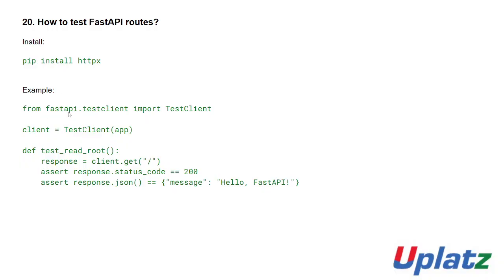Example: from fastapi.testclient import TestClient. client = TestClient(app). def test_read_root(): response = client.get("/"). assert response.status_code == 200. assert response.json() == {"message": "Hello, FastAPI"}.